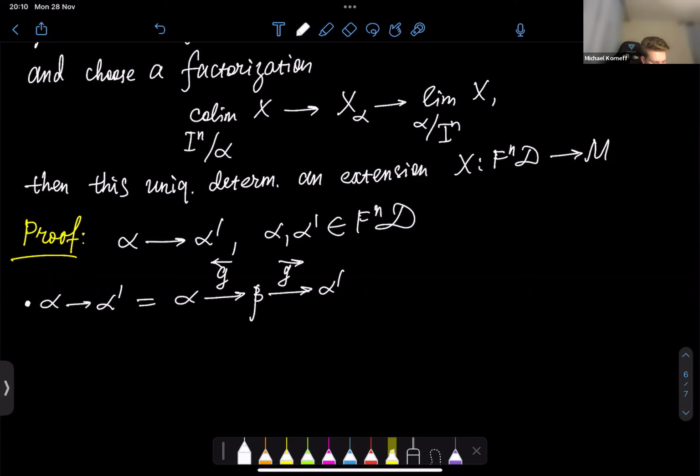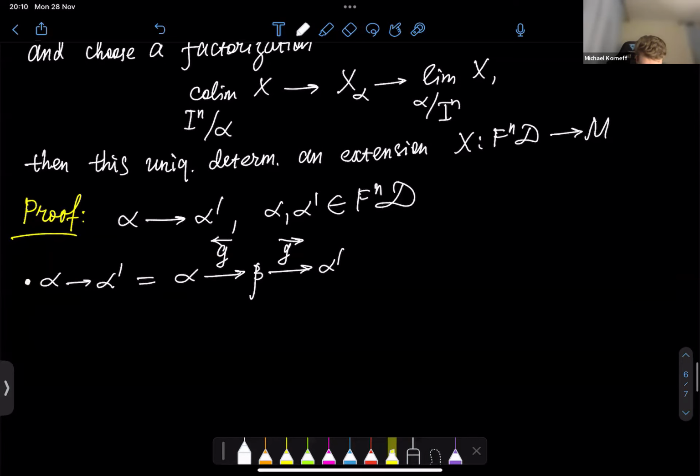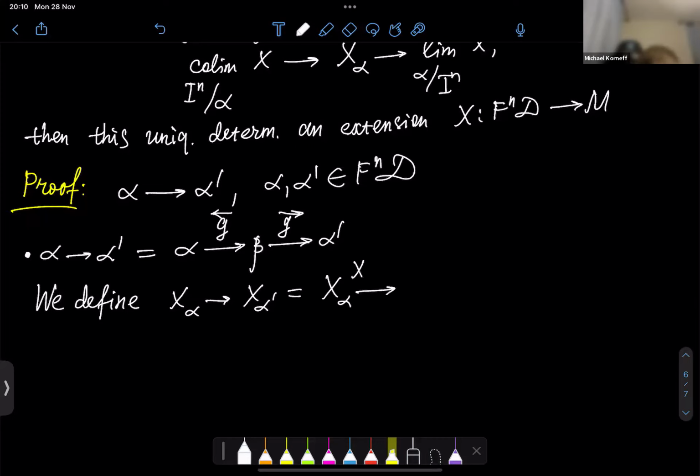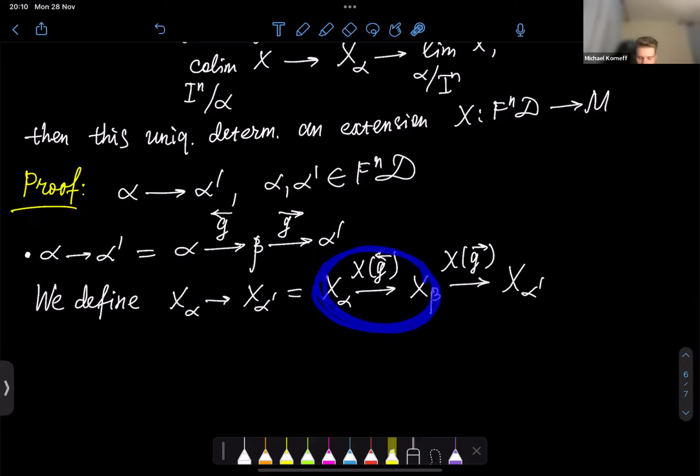And after that, we can just apply the functor x. We define the map as the following composition. We can do this by the above construction.